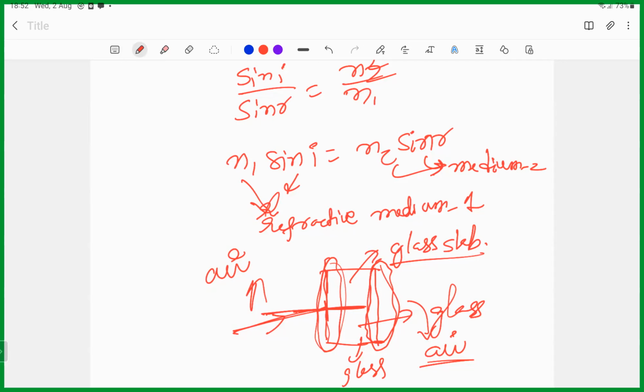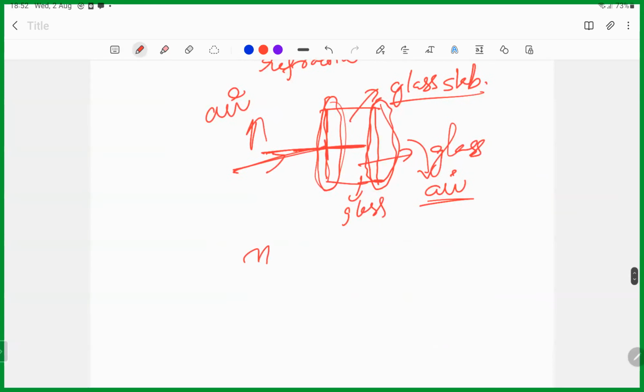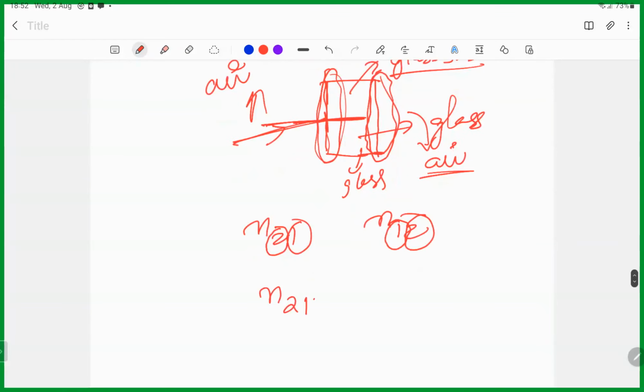Is that right? The first subscript, when you say n21, means the refractive index of medium 2 with respect to medium 1. If you say n12, it is the refractive index of medium 1 with respect to medium 2. So n21 equals v1 by v2.